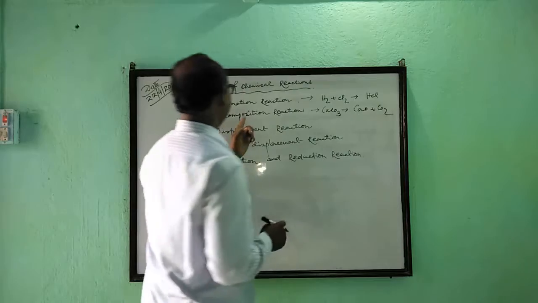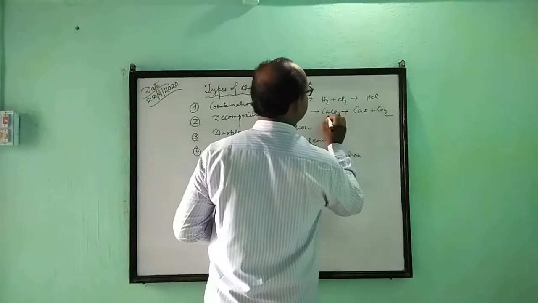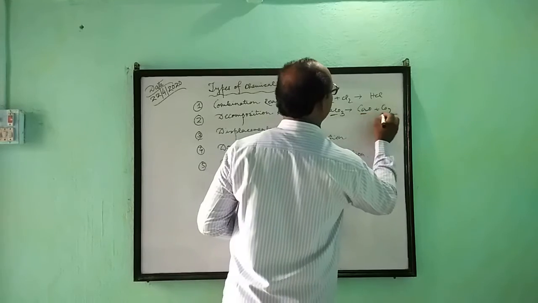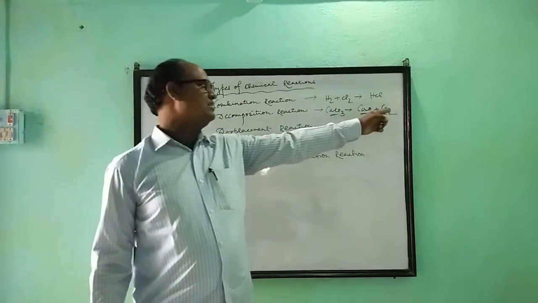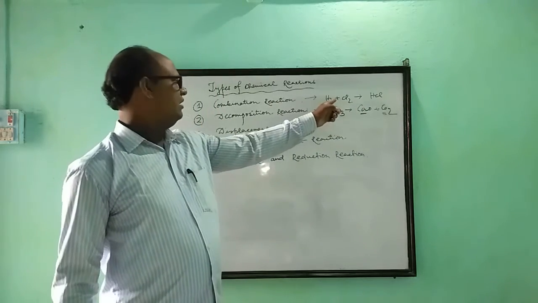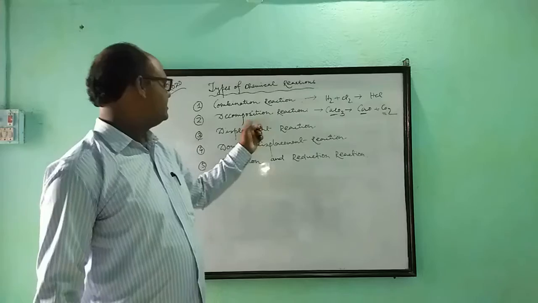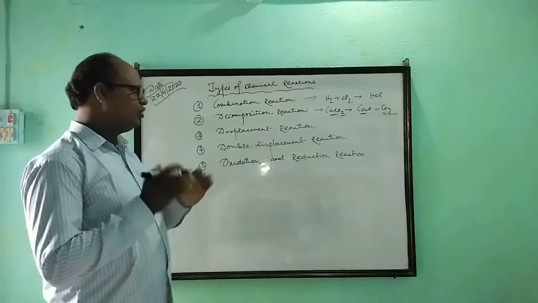This is a decomposition reaction. Here the reactant is a single substance and products are two. That means CaCO3 decomposes to CaO and CO2. This is called decomposition reaction, and that is combination reaction. Understand what is combination and what is decomposition reaction.